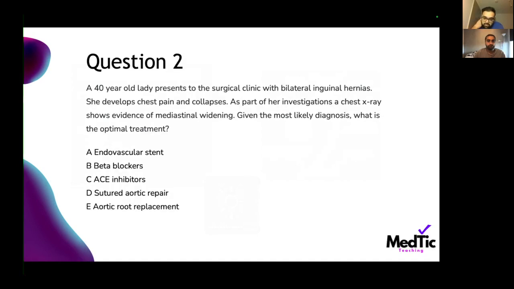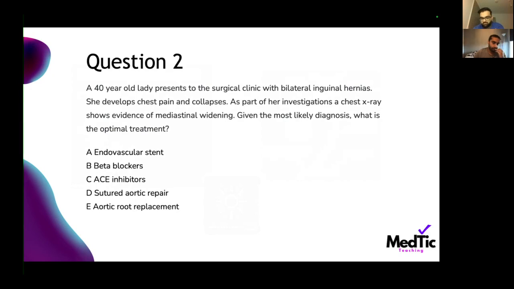Just have an educated guess if you're not sure. Okay, so we're a bit split. We've got an answer for B, an answer for D, and some answers for E.